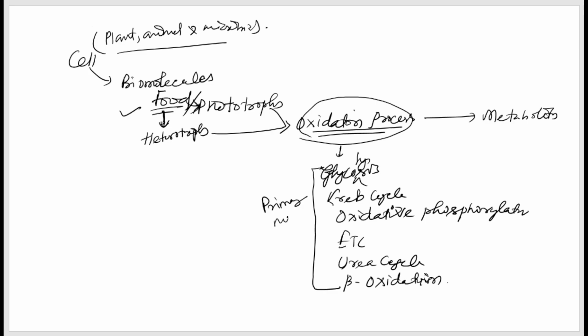Primary metabolic pathways. Based upon these primary metabolic pathways, the products or intermediates which are generated are called intermediate compounds and final products.